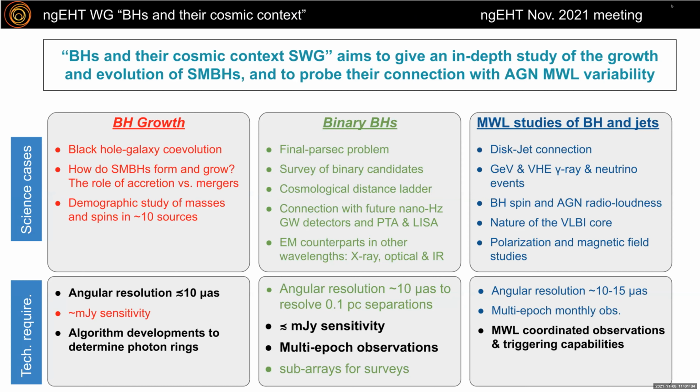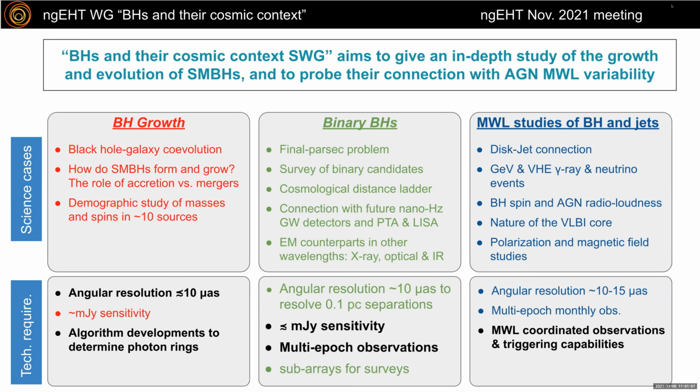So before getting into that, let me just do a quick recap and the reason why we have selected several science cases for a working group. In a working group, we are interested in three main themes, which is to understand black hole growth, to study binary black holes, and to perform multi-wavelength studies of black holes and jets.